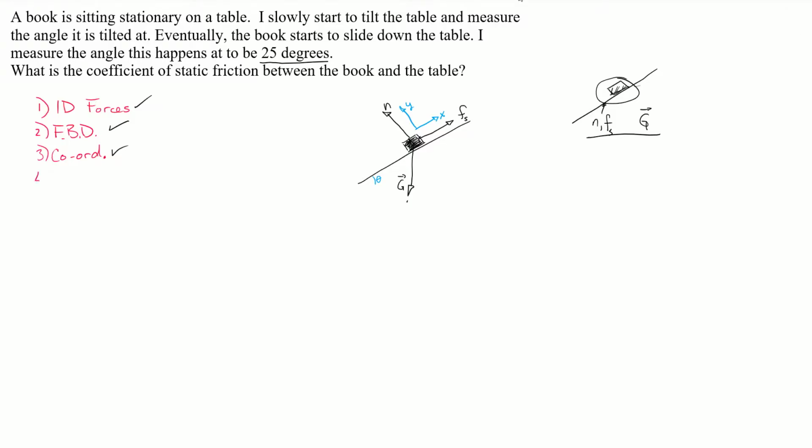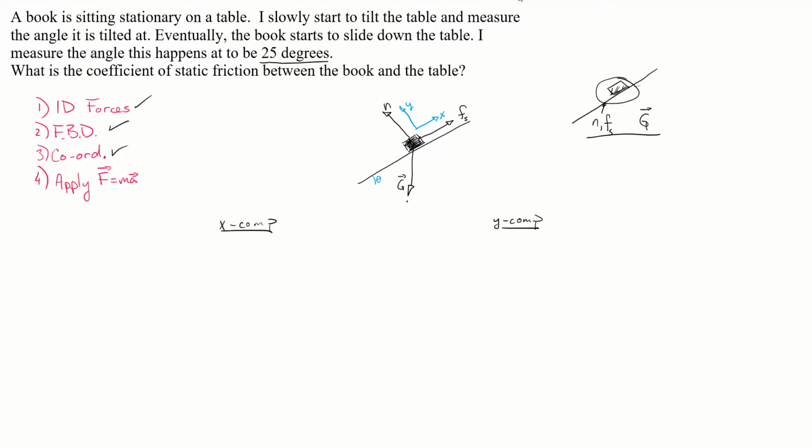The fourth step, which has a lot of the math in it, but really all we have left to do is apply Newton's second law in that coordinate system. So we're going to have x components and y components to this problem.